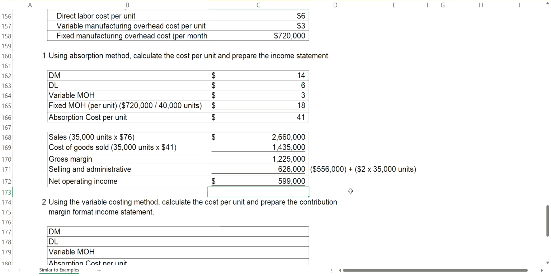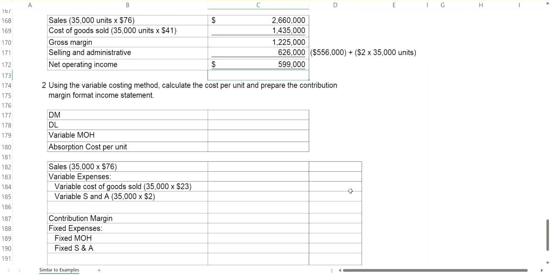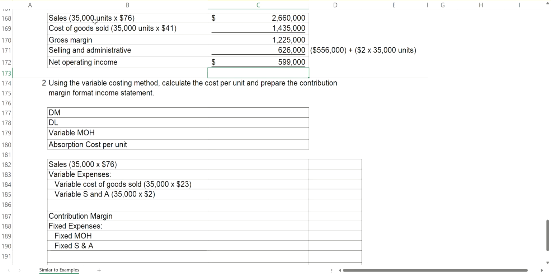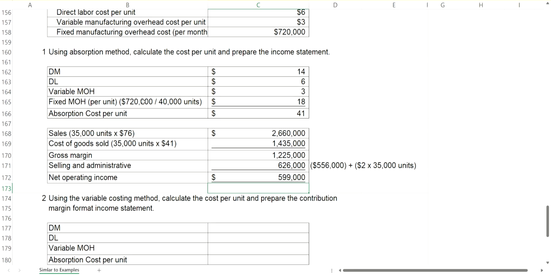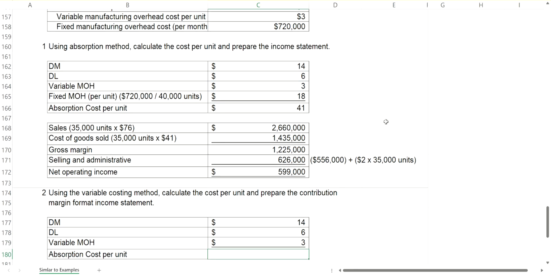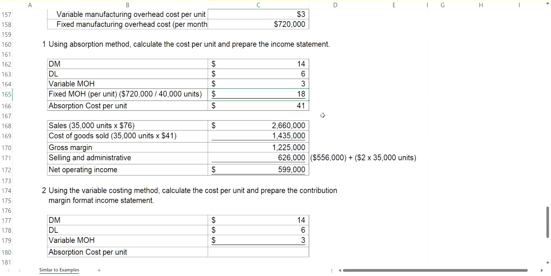Okay, now let's prepare the variable costing income statement. The variable costing income statement only includes these first 3 items. It does not include the fixed manufacturing overhead. So it would include the direct materials of 14, the direct labor of 6, and the variable manufacturing overhead of 3.